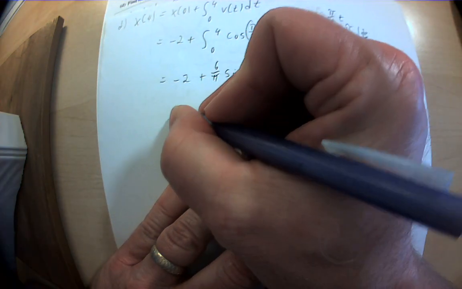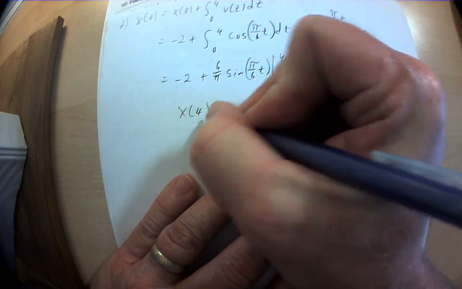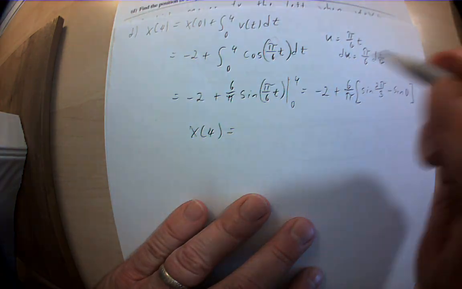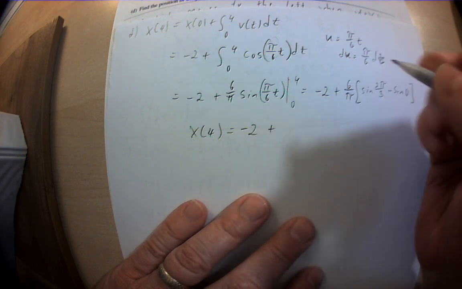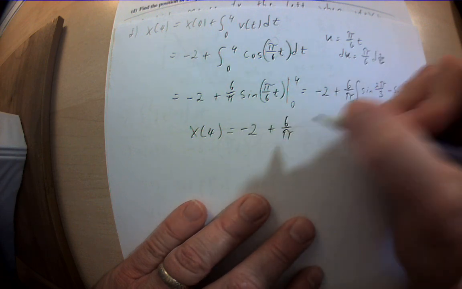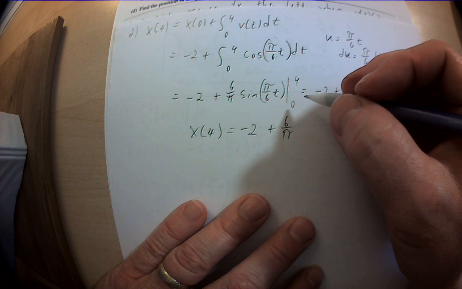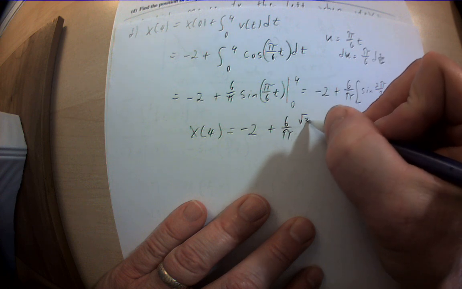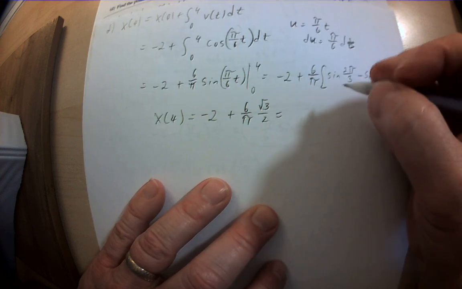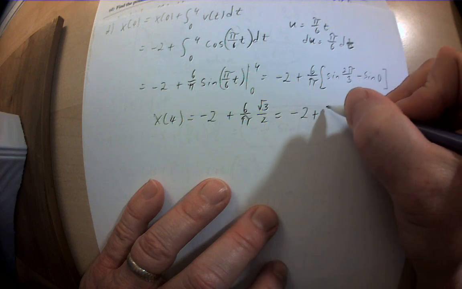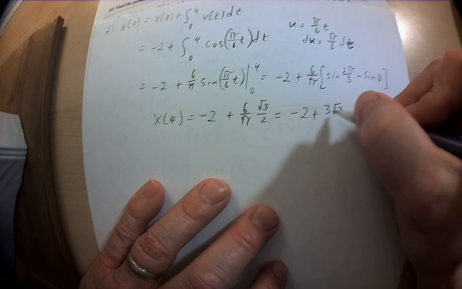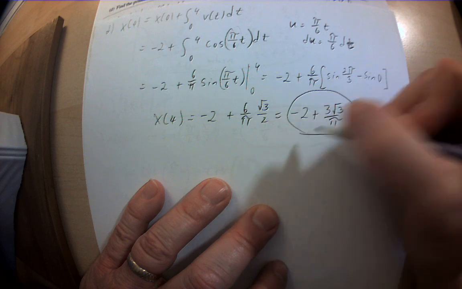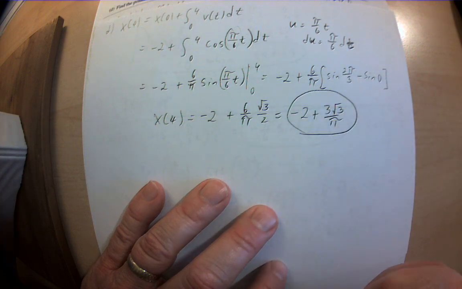So the answer is x of 4 equals negative 2 plus 6 over pi times root 3 over 2, which is negative 2 plus 3 root 3 over pi. That's the answer. That's the last 3 points.